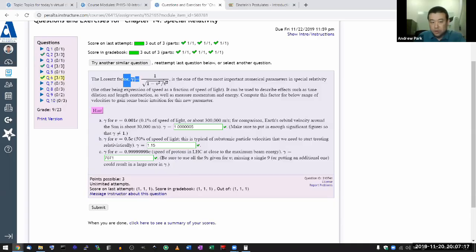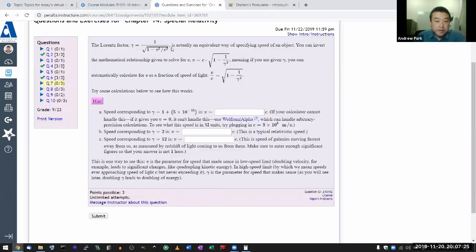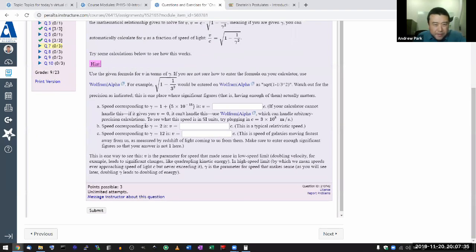I give you the formula, and all you have to do is plug in the numbers. Question 7. The Lorentz factor is actually, and here is where you try some calculation below. Part A is the one that I'm not sure if you can even do on a calculator. Let me try that on my calculator. How do I do this? So I already derived the formula for V over C for you. It's the square root of 1 minus 1 over gamma squared.